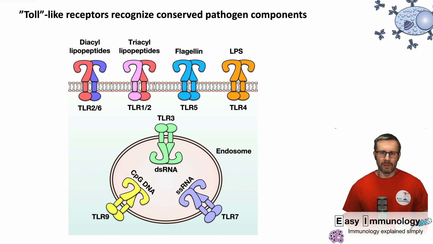The most famous family of pattern recognition receptors are the so-called toll-like receptors. The toll-like receptors are called toll-like in abbreviation because they were discovered in a fly, the fruit fly, Drosophila. It's a very commonly used model organism in genetics.